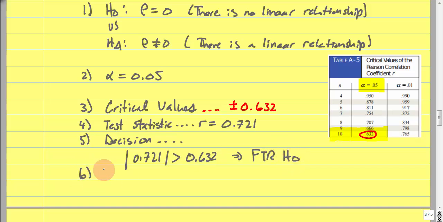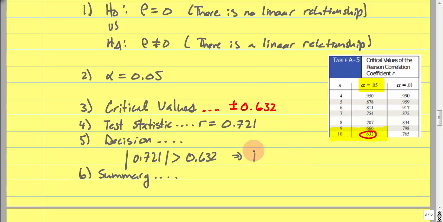And then for our summary, we'd have to say something like, whoops, I have a mistake here. Because the absolute value of 0.721 is greater than 0.632, we would reject H0. Be careful about that.